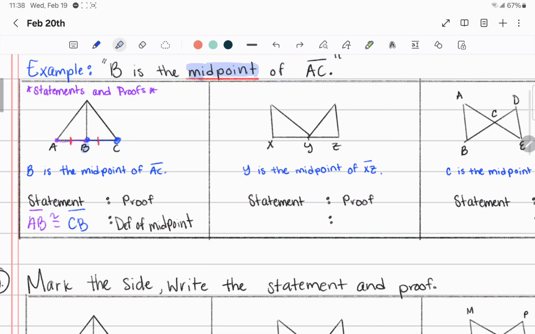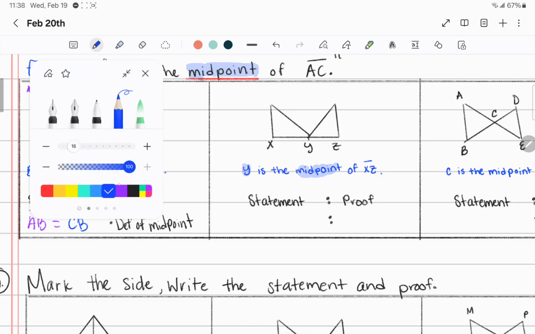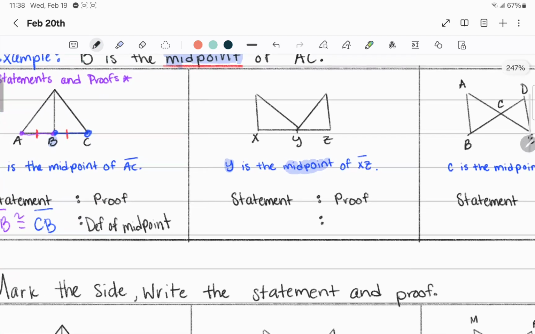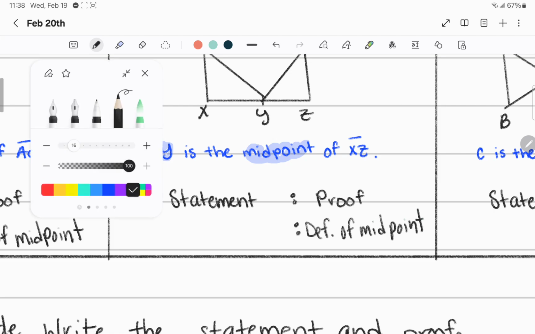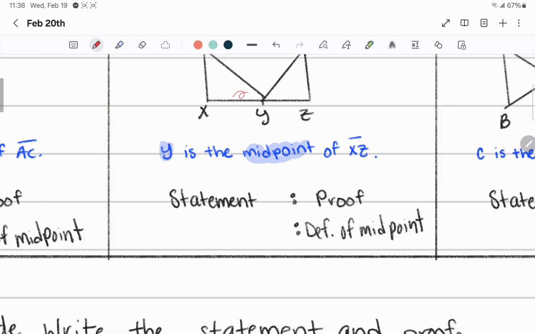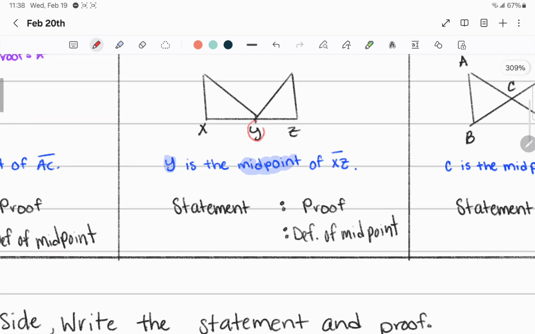Next example, Y is the midpoint of XZ. So since it mentions midpoint, we want to do def of midpoint. And then we want to mark it. So it says Y is the midpoint. So that's this line, so it goes here and here, because this is XZ.